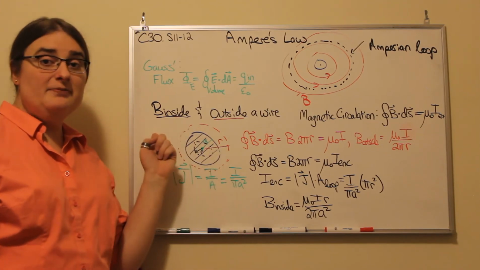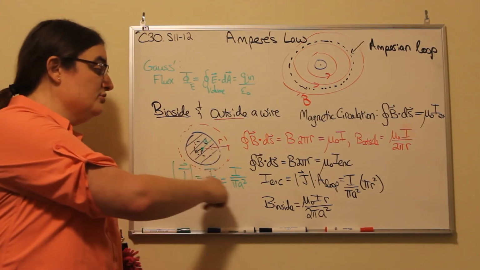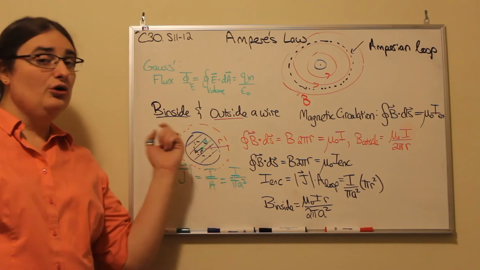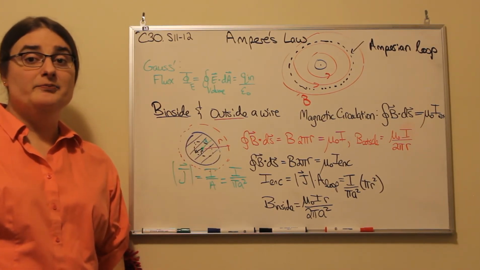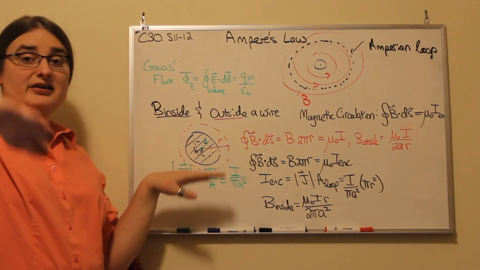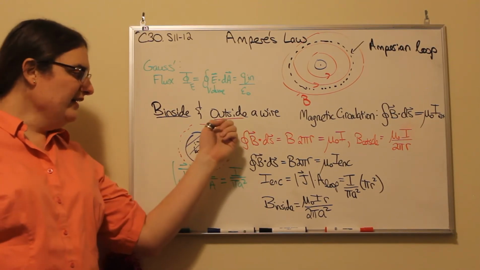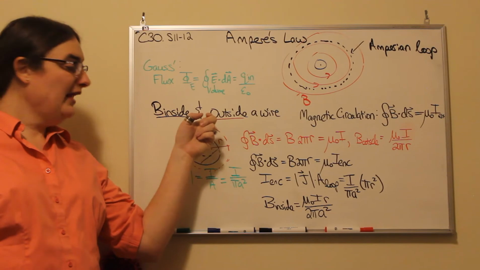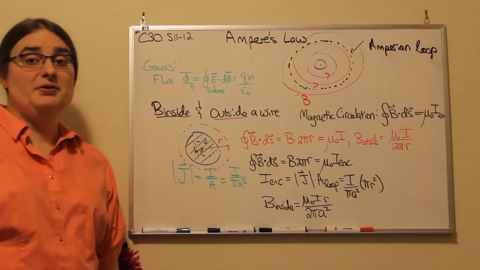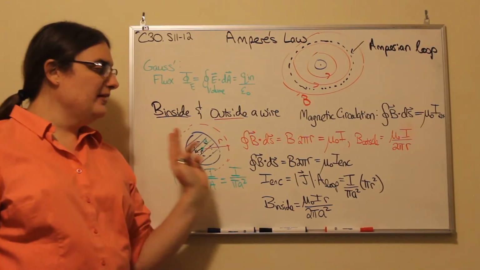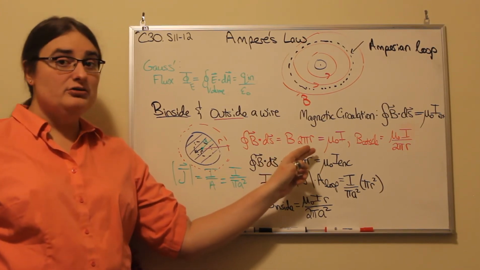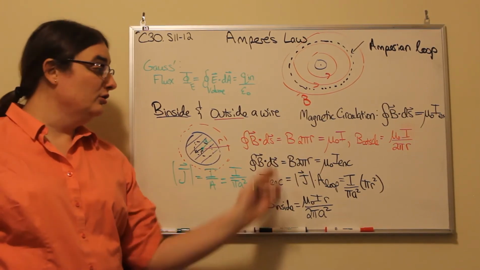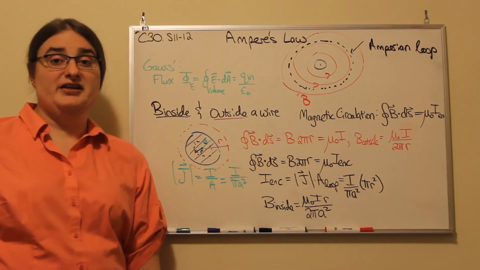Now, to make my Amperean loop, I'm going to choose a circle that is radially symmetric, centered at the center of my wire. Now, if I make this wire infinitely long, the magnetic field should be uniform at all points along this Amperean loop. So with a uniform magnetic field, my circulation would be my magnetic field times the circumference of my circle, 2 pi times the radius.